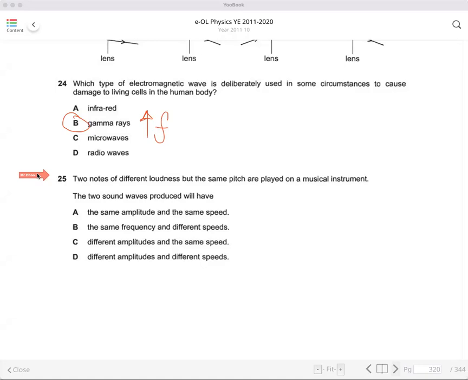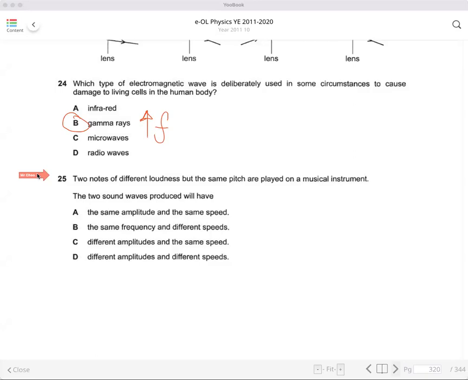Last two students, Yiting and Bei Kwan. Yiting and Bei Kwan, well done.